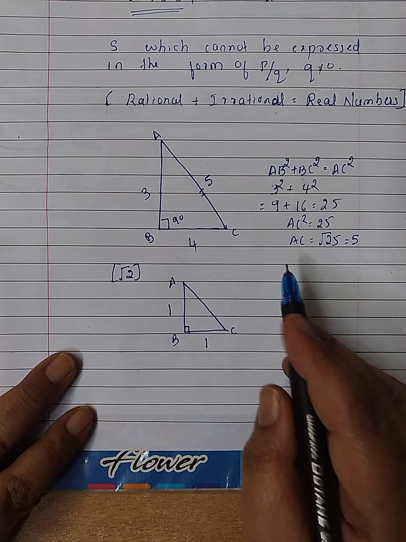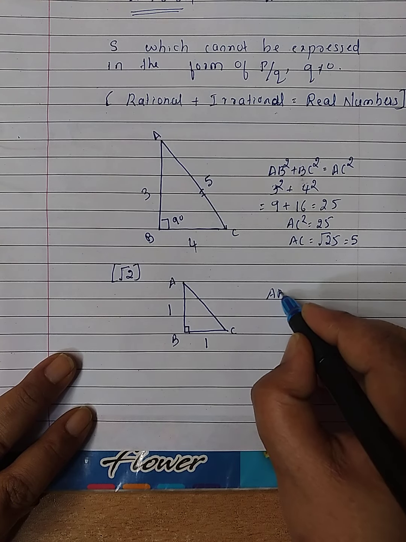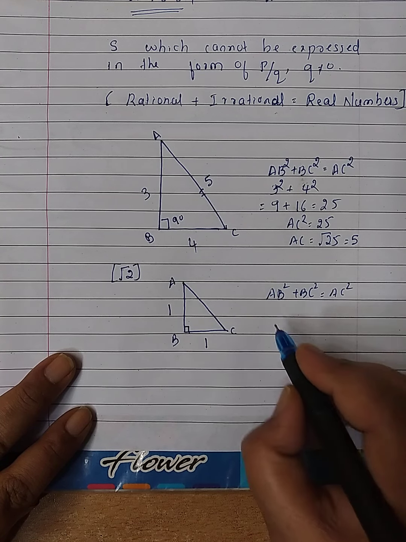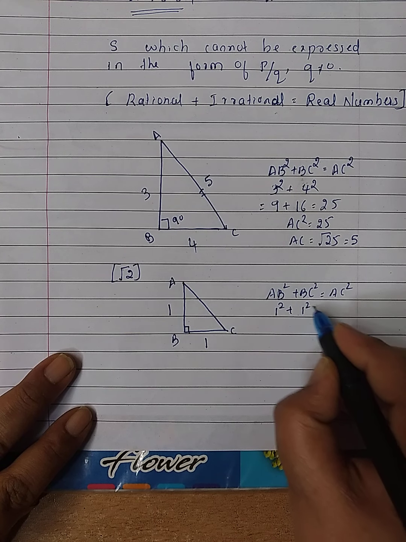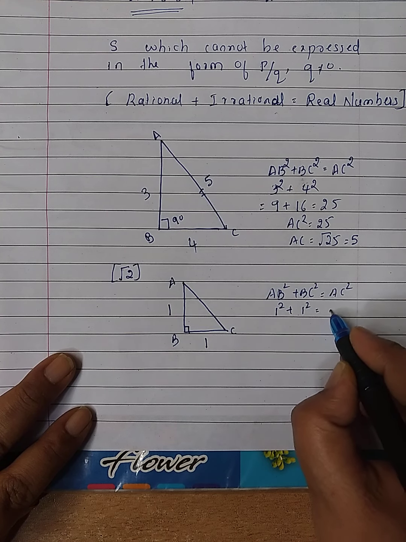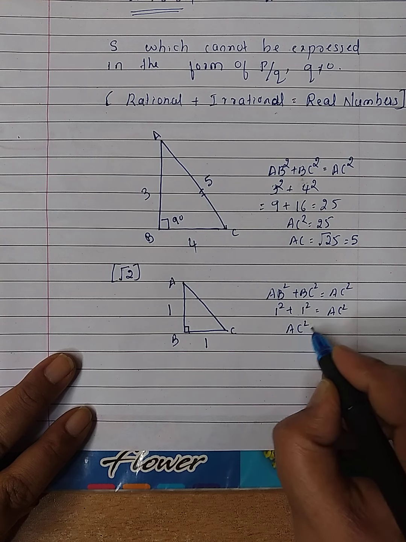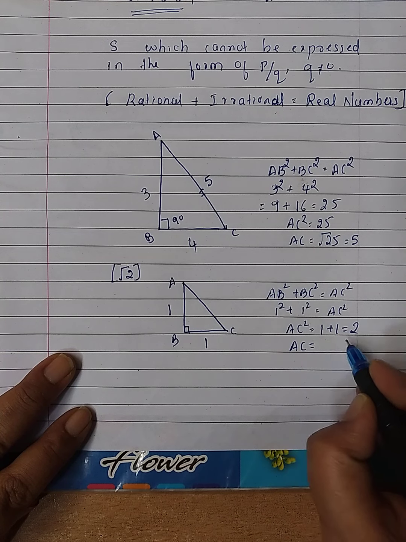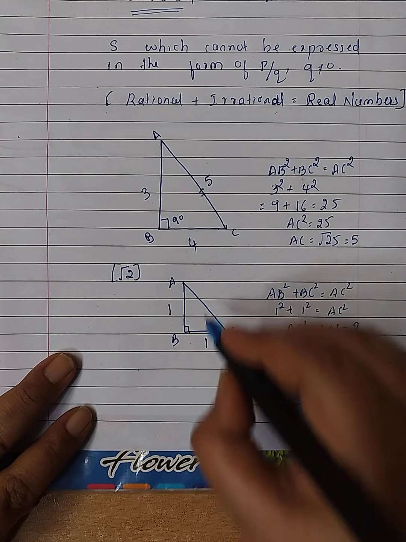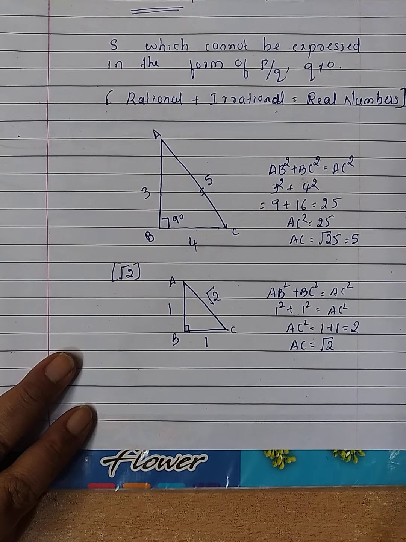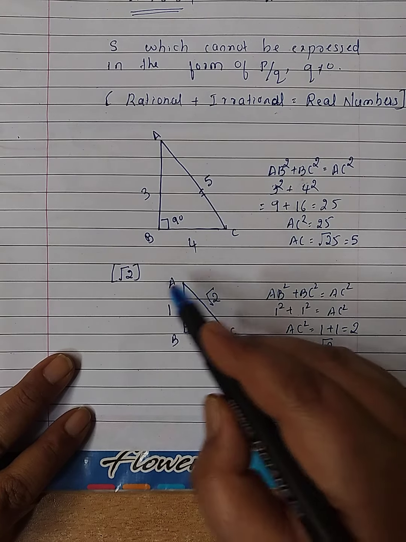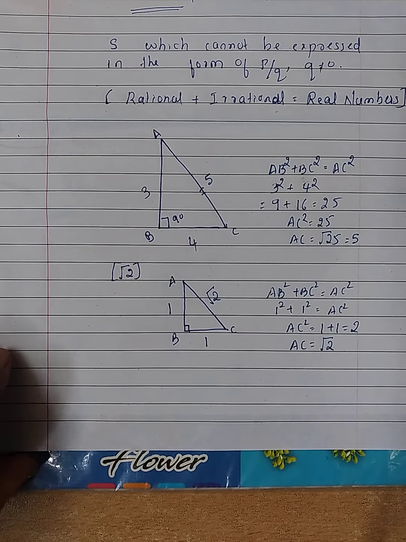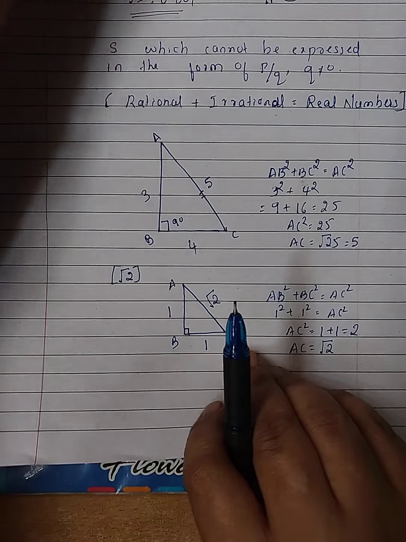Then according to the Pythagoras theorem, AB square plus BC square equals AC square. That is 1 square plus 1 square equals AC square. AC square equals 1 plus 1, 2. AC is equal to square root of 2. This is square root of 2. Now we will use this theorem in locating the irrational number.